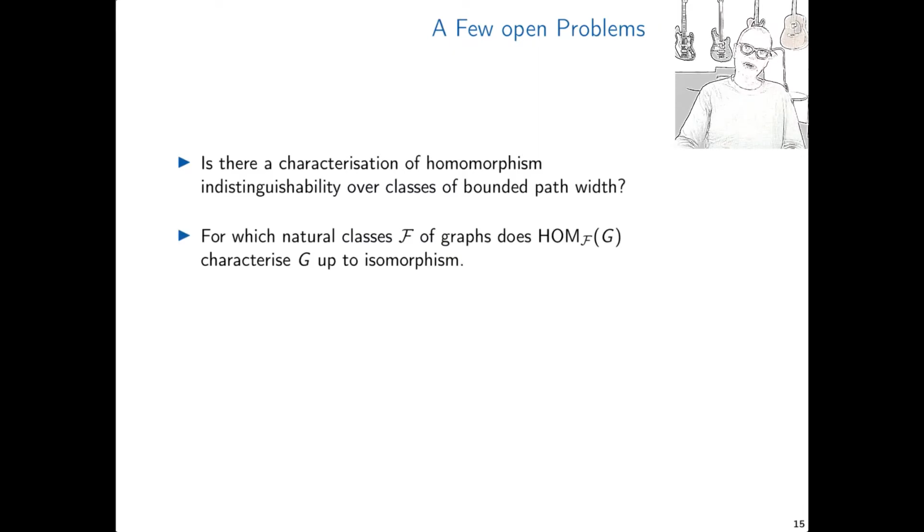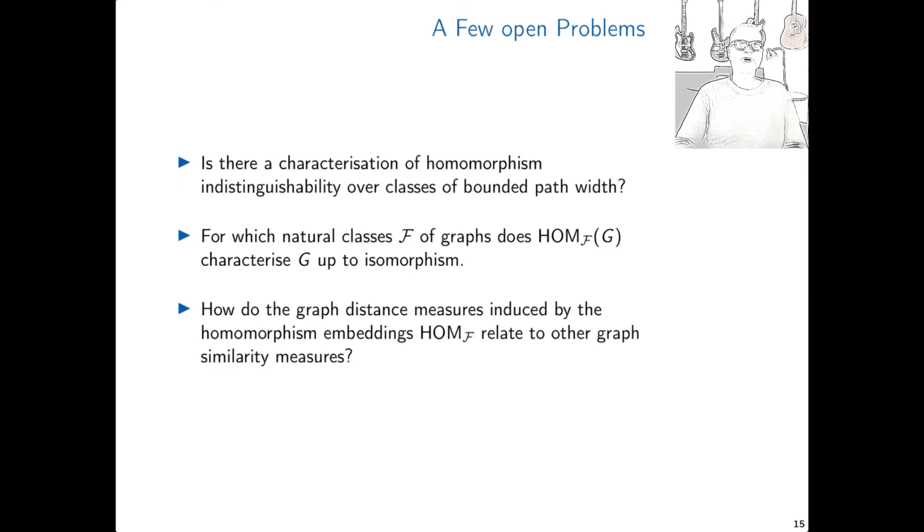The second is whether there are natural graph classes such that homomorphism indistinguishability over these classes characterizes graphs up to isomorphism, of course, other than the class of all graphs. So, for example, a candidate would be the class of all graphs of maximum degree at most 3. But so far we weren't able to prove any such results.